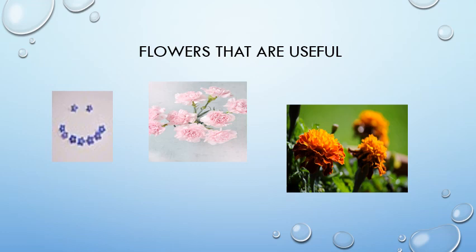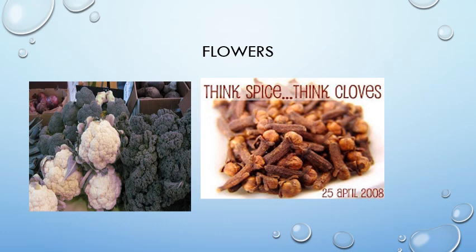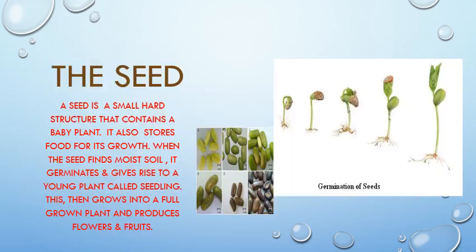Clove is used as a spice and in medicines, and rose is used in perfumes, and marigold is used for making colors. So here you can see the broccoli, cauliflower and all, right? These are all flowers which are eaten as food. On the right side you can see the dried cloves which are used in spices and also in medicines.